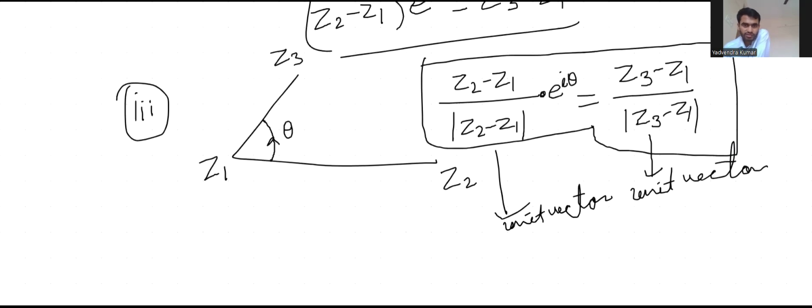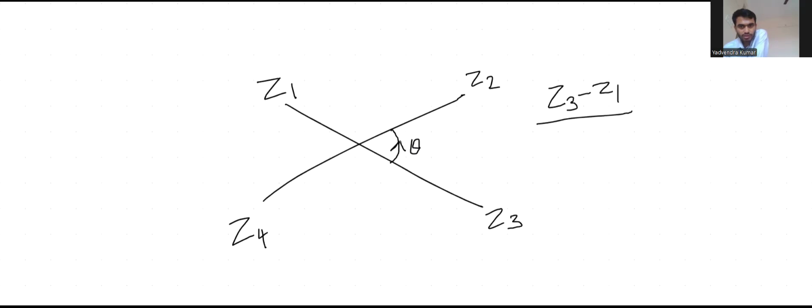After this, consider 4 points given, something like this, call these Z1, Z2, Z3, and Z4, and call this angle theta, right? So here the situation is going to be Z3 minus Z1 divided by modulus of Z3 minus Z1.